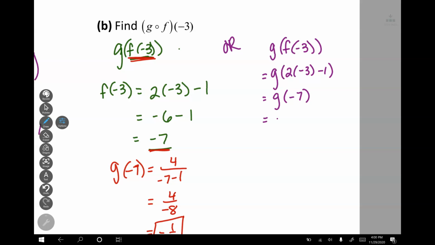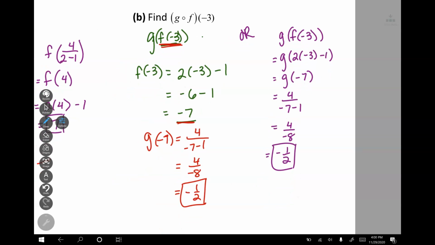G of negative 7 is 4 over negative 7 minus 1, which comes out to 4 over negative 8, negative 1/2. Okay, so either way, you get the same thing.